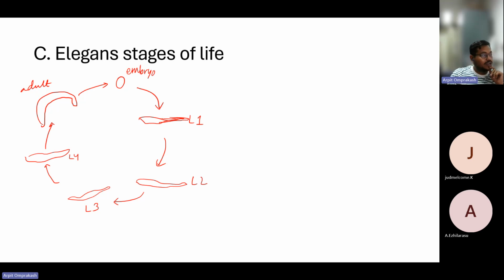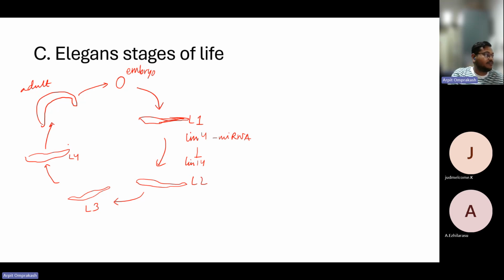This is where microRNAs were first discovered. The transition from one stage to the next is encoded by microRNAs. We have a microRNA called LIN4, which downregulates another protein called Lin14, which leads to a change of phase from L1 to L2.